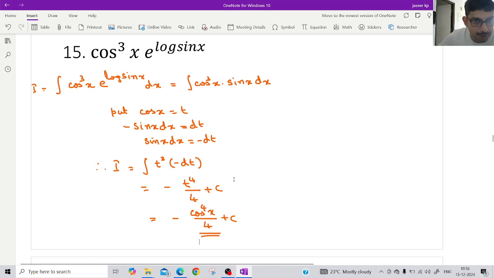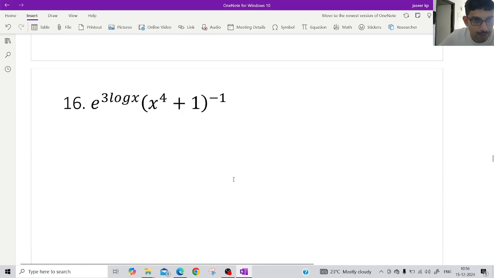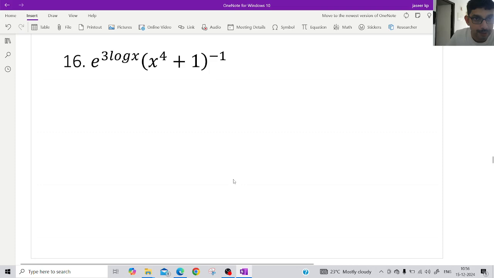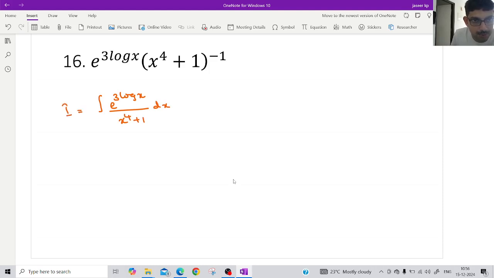Now moving to the next problem, 16th one, e power 3 log x by x power 4 plus 1. It is also similar to the previous problem. e power 3 log x by (x power 4 plus 1) dx, we can write. So this is I. So that is equal to the integral of e power log x, that is x cube, by (x power 4 plus 1) dx. Now put x power 4 plus 1 as t.